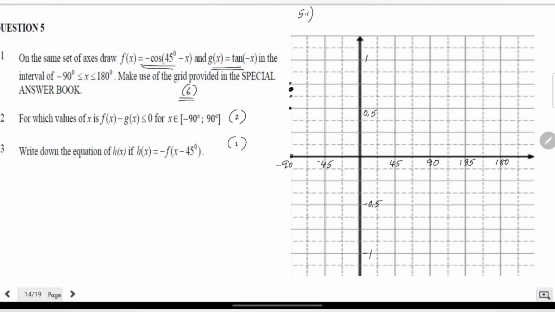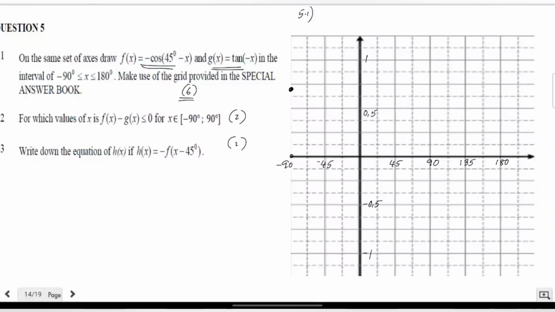Let me rub all the other points that I put unnecessarily, otherwise it's going to confuse. All right, so this is the first point. If it is minus 90, the cos graph will give you that point. Then at minus 45, what will be the answer?